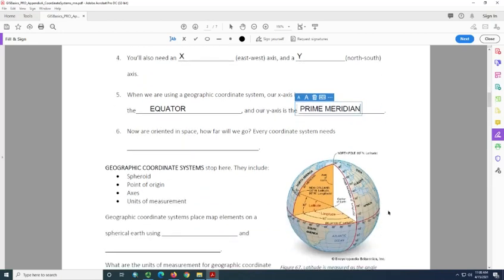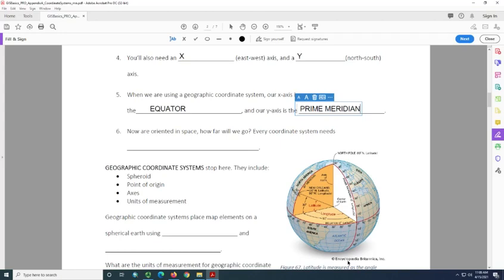It's the string snugged up around the middle of our chubby Earth, and then the prime meridian cuts through England. Why does it cut through England? Because it was the center of the map-making universe, kind of.